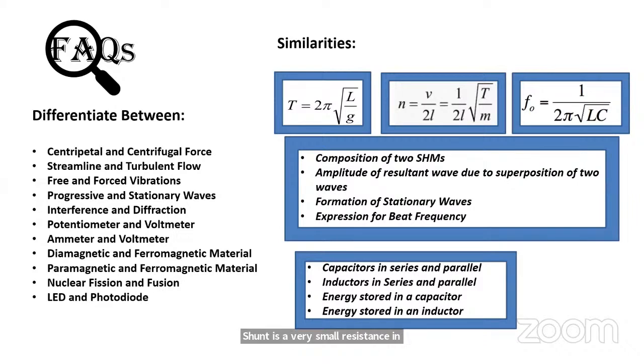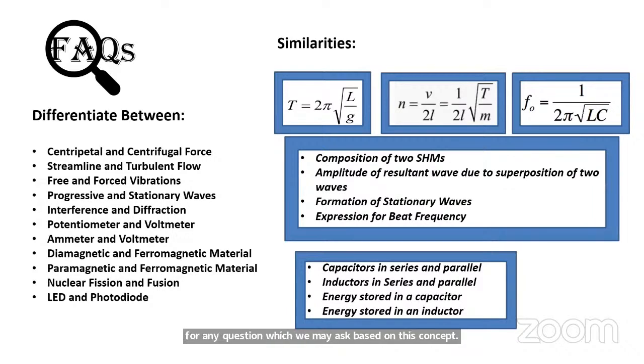Whereas in voltmeter, what do we desire? The resistance of the voltmeter should be as large as possible. So how do we achieve that? We connect a very large resistance in series with the galvanometer. So by preparing yourself on these guidelines, you can prepare yourself for any question which will be asked based on these concepts.